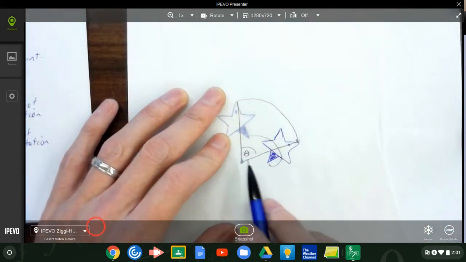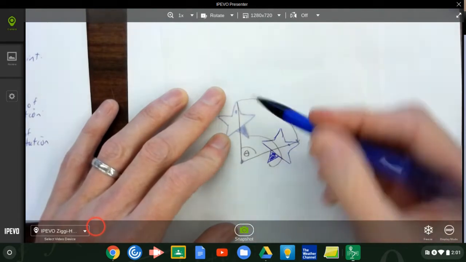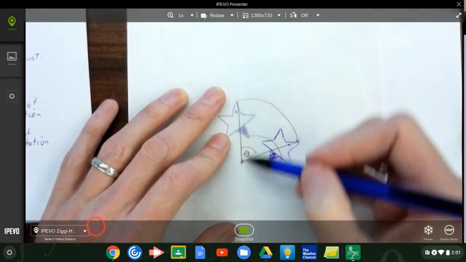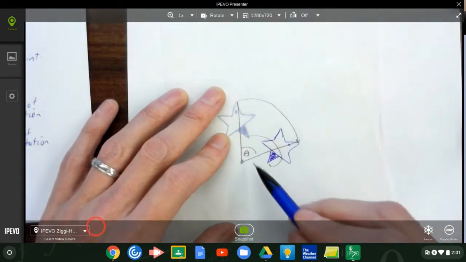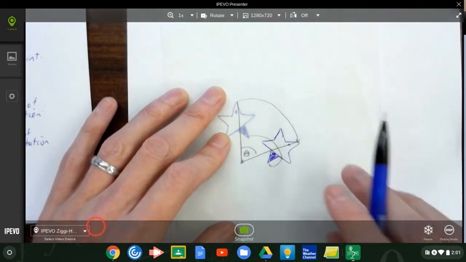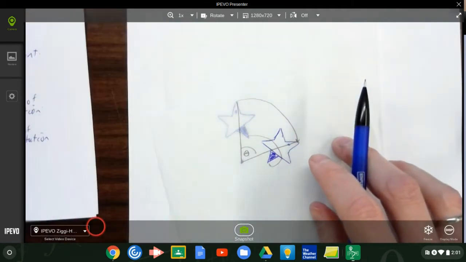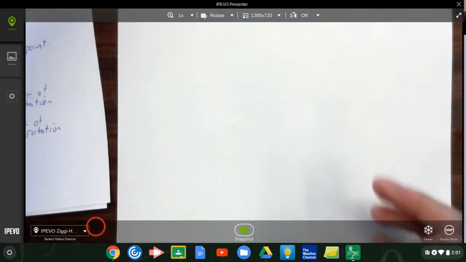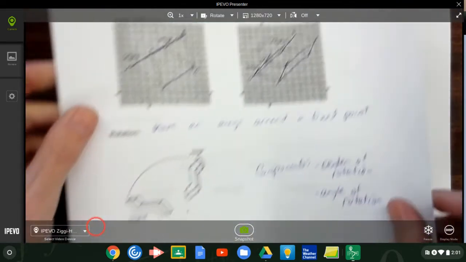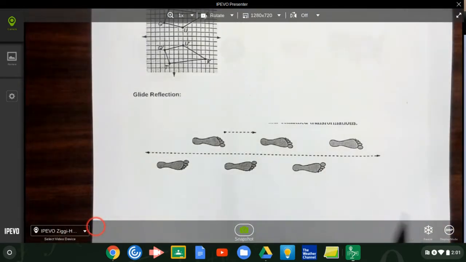I'll call that theta. That's our degree of rotation. It's that central angle, if we want to think of it that way. So the central angle is our degree of rotation. That's really all there is to rotations. And like I said, during this unit, we're going to go into these in far more detail. So let's look at another one.